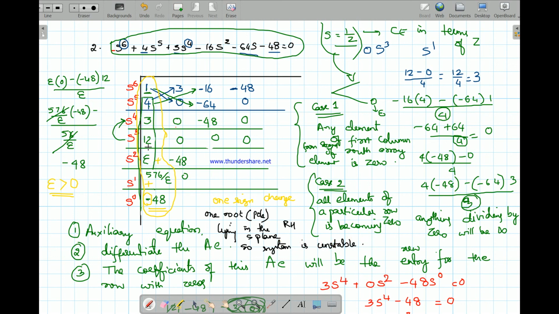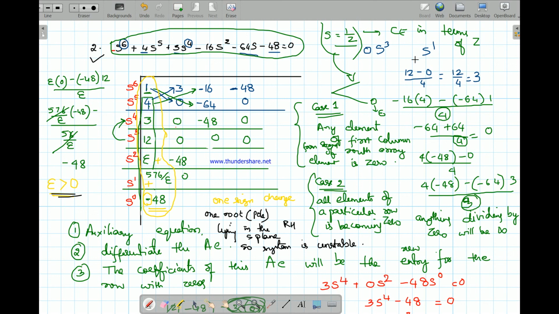The condition is, we have epsilon and 576 by epsilon, where epsilon should be greater than 0, so that these two values are positive. But the last element of the first column is already minus 48, so there is one sign change if we consider epsilon greater than 0. Then the number of roots lying on the right half of S plane is one. We all know that if any root lies on the right half of S plane, the system is considered unstable. So the given system is unstable.